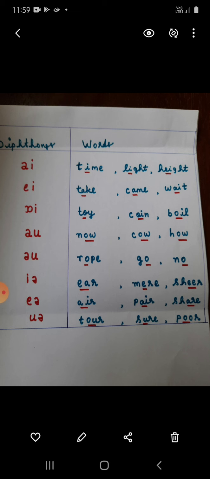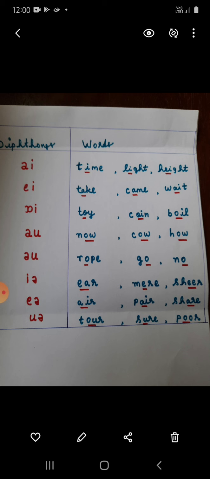The third diphthong sound in English is OE. That is O plus E. O, which means phonetic O, not our alphabet O. Okay? O plus E, OE. So we can see that 3 are ending with the E sound, E sound meaning small letter I. Then which are the examples for OE sound?